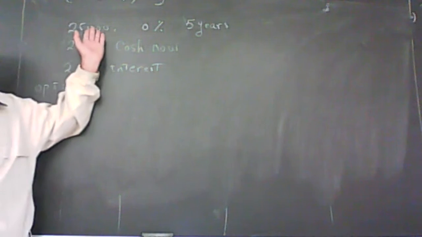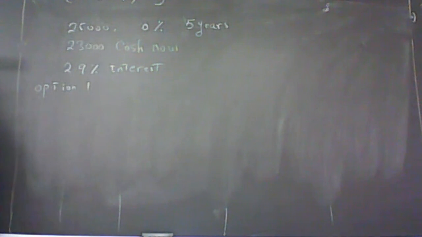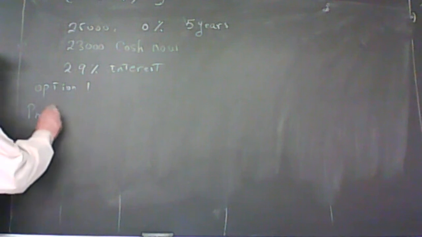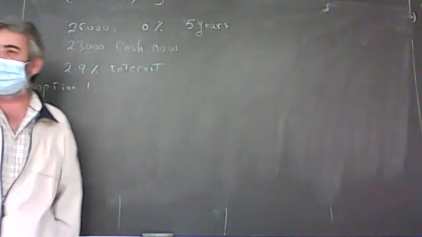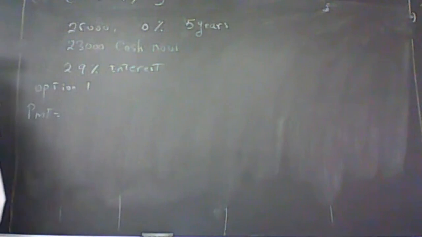Yes? So option one, you're going to pay $25,000 over 60 months. So payment is, now notice since there is no interest involved, all I have to do is the amount divided by 60.